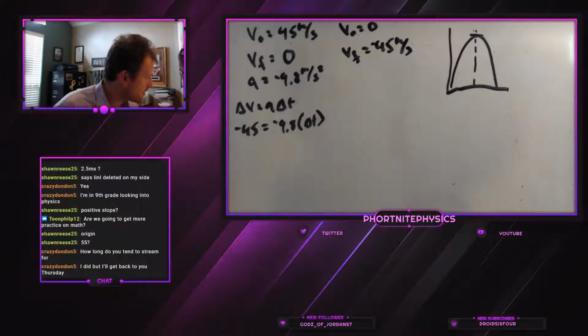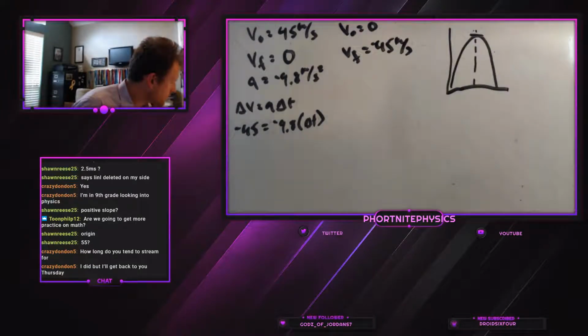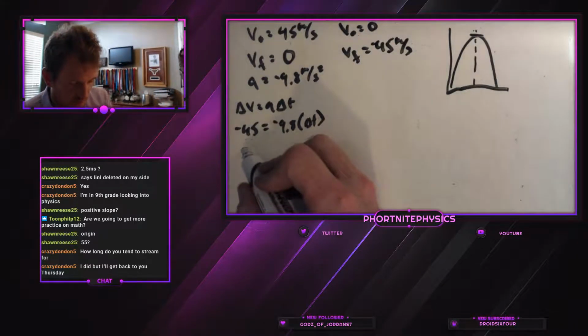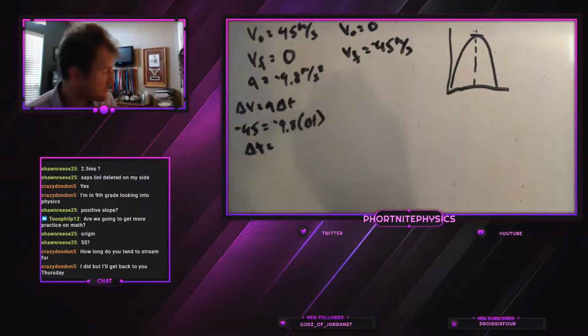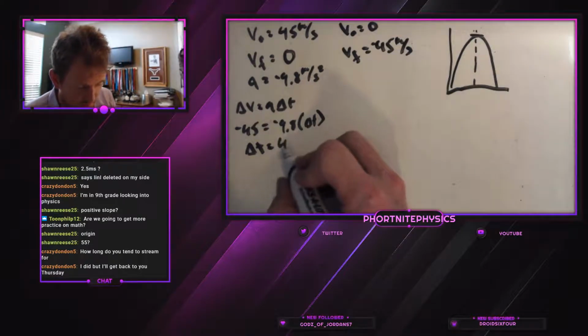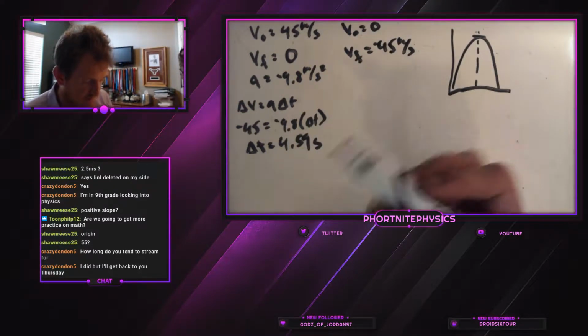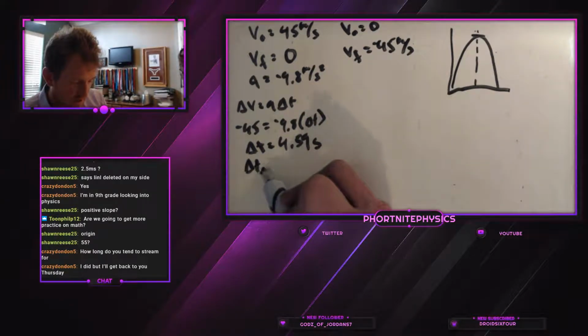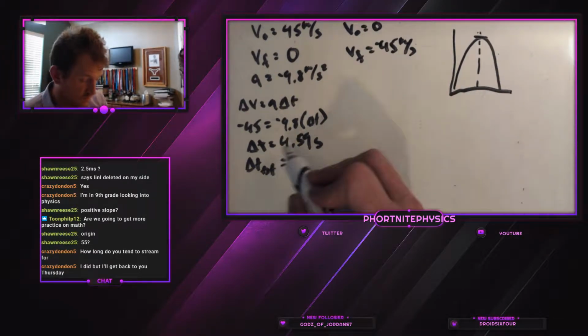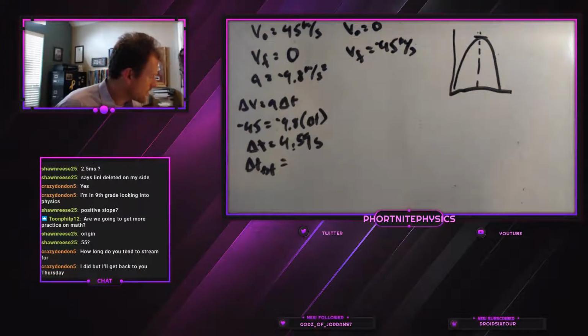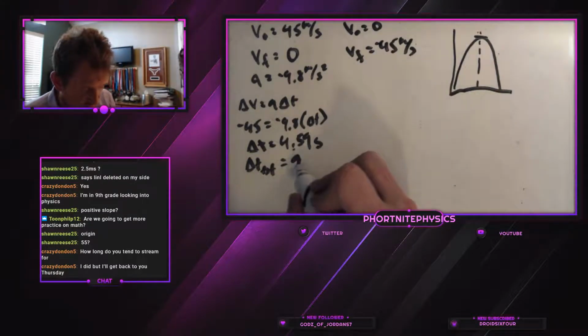So 45 divided by 9.8, or a time to the top of 4.59 seconds. And our total time for that whole thing is 2 times that, or 9.18 seconds.